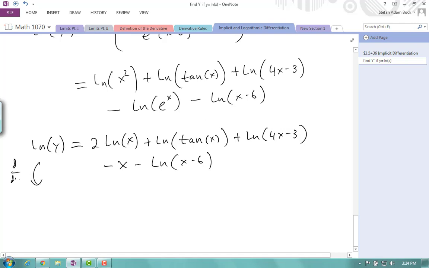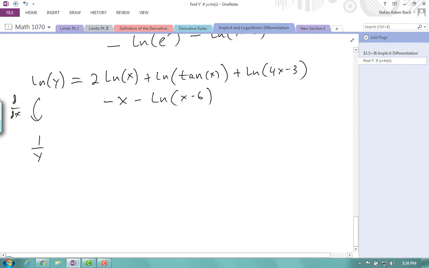And I'll take the derivative of this. That'll give me 1 over y times y prime equals, now I'll just run through my derivatives here.